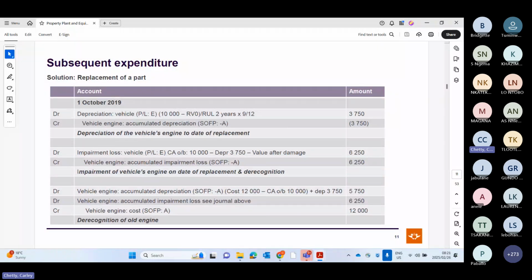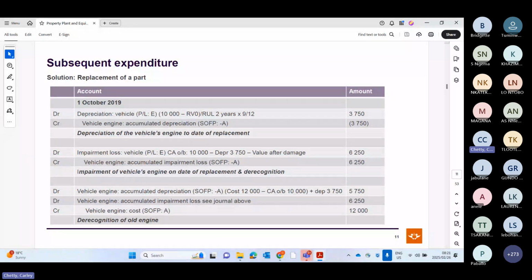There are two car engines: the old engine that we need to scrap, and the new engine that we need to record on the 1st of October 2019. The question gives details of the old engine, and then the new engine of 15,000 Rand also needs to be recorded. So let's start with the old engine.